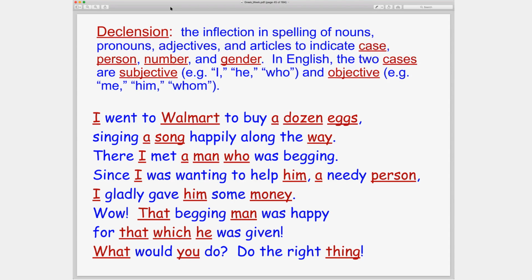I think the speaking would be okay, but when you are writing an essay, I would say, since I was wanting to help a needy person, I gladly gave him some money. Oh, okay. So your point is just that I don't need the first "him." Yes. Oh, okay. Yeah, that's correct. Thank you.